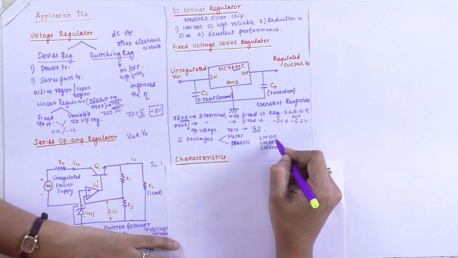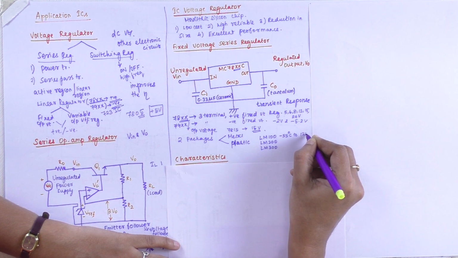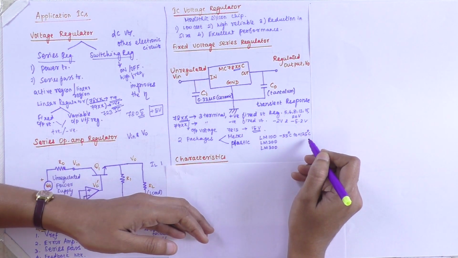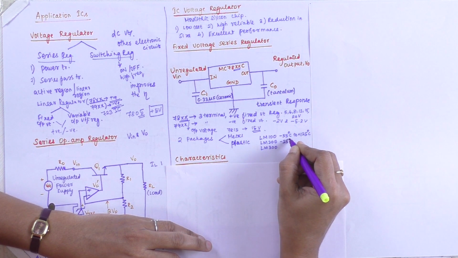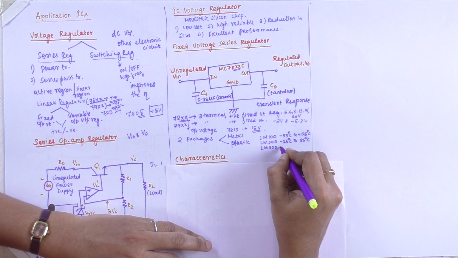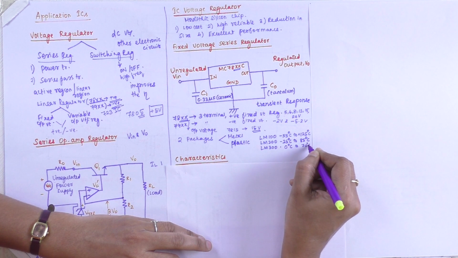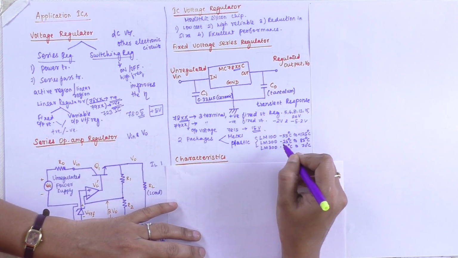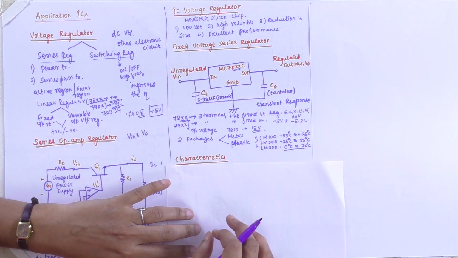This LM100 is defined for minus 55 degrees centigrade to plus 125 degrees centigrade, whereas LM200 is from minus 25 degrees centigrade to 85 degrees centigrade. Then for the LM300 series, it is from 0 degrees centigrade to 70 degrees centigrade. So the LM100 and 200 series have both a negative range and a positive range, whereas LM300 starts at 0 degrees centigrade to 70 degrees centigrade.